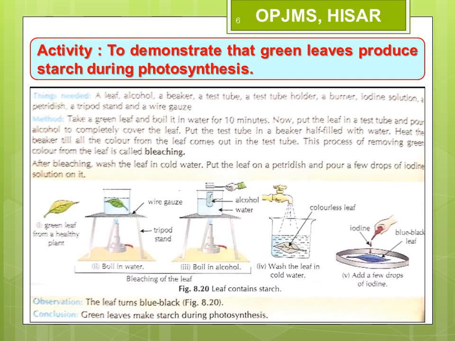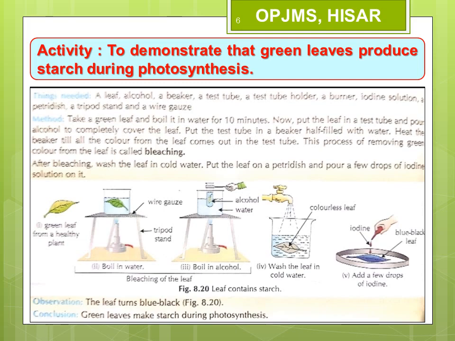Now take out this bleached or decolorized or achlorophyllous leaf from the test tube and wash it in water. Put the leaf in the petri dish and pour a few drops of iodine solution over it and wait for a few minutes. You will observe that the color of the leaf now starts changing to blue-black.